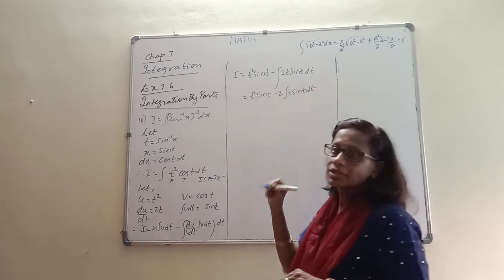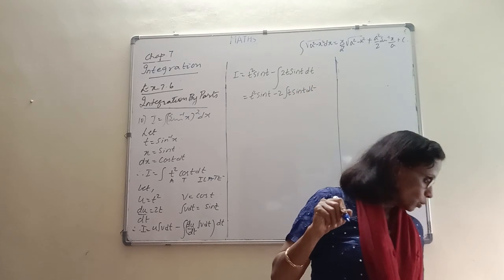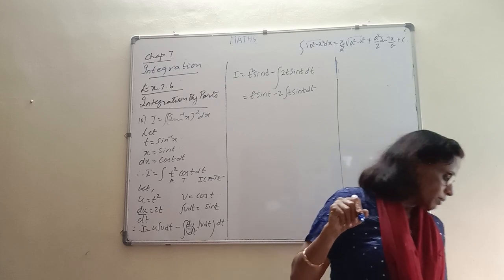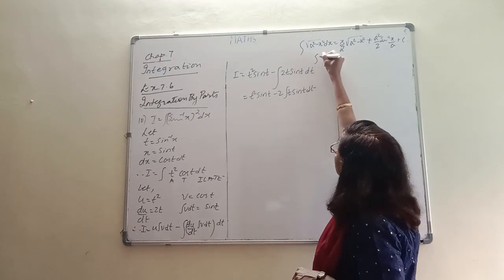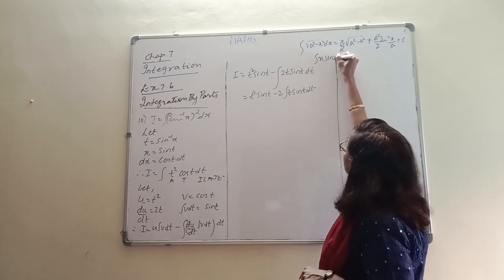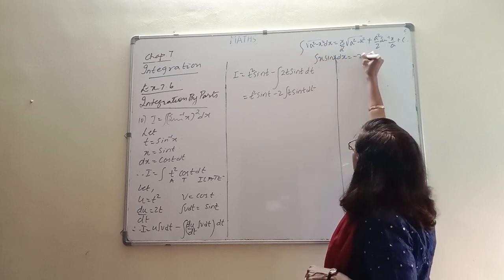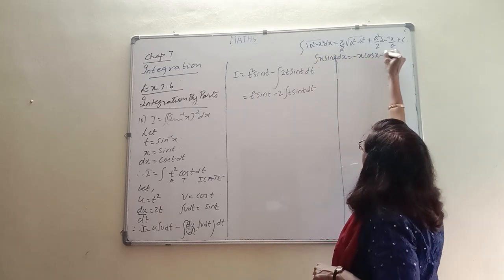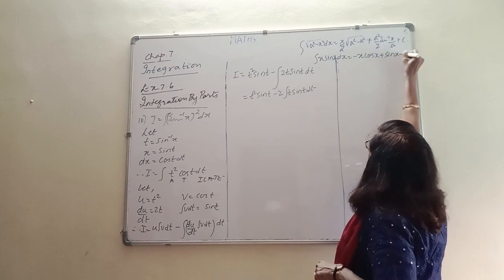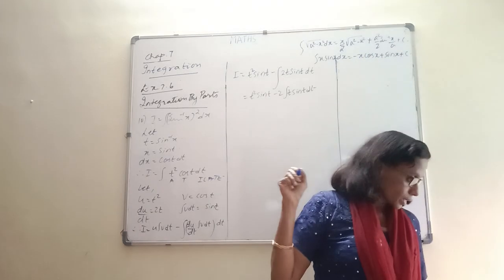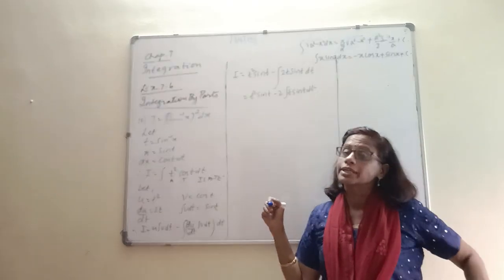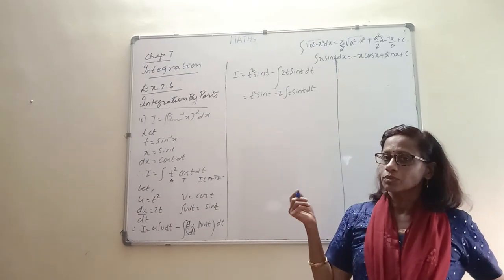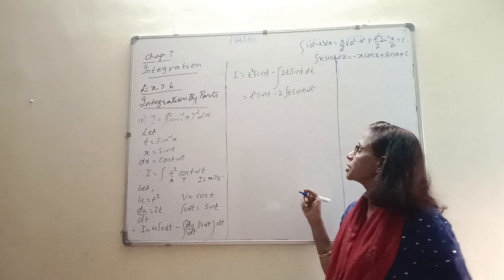Now t sine t we have done in problem number 1 actually. So from there directly let's write the result here. x sine x, we wrote it as minus x cos x plus sine x plus c. That was how we did the integral in problem number 1 itself. So that way we can do the substitution directly.